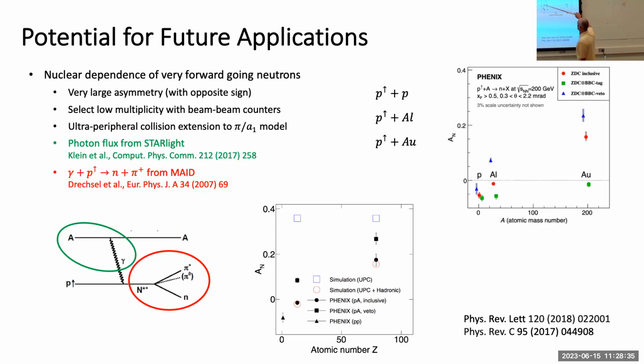So we originally have polarized pp collisions, and in 2015 we have polarized protons with aluminum and polarized protons colliding with gold. And you can see if you look at those forward neutron asymmetries, they not only switch sign, but they're also much larger.